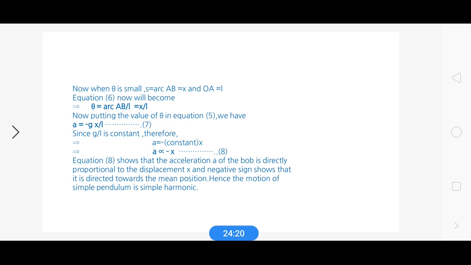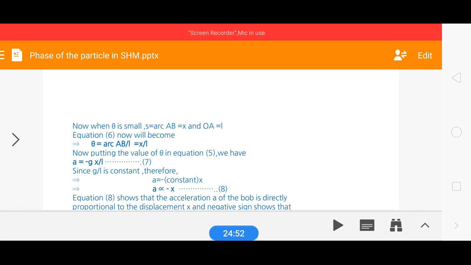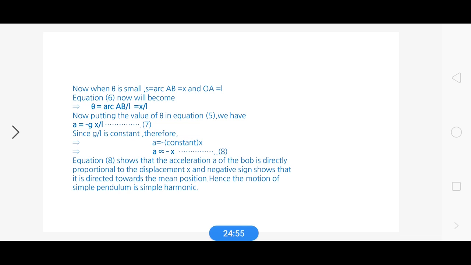Now, when theta is small, S, that is the arc length. What is the arc here? AB is the arc. That is equal to x. Means the displacement of the particle is x and the length OA is equal to L. L is the length of the pendulum and the arc length is x, and we are considering that theta is very small.